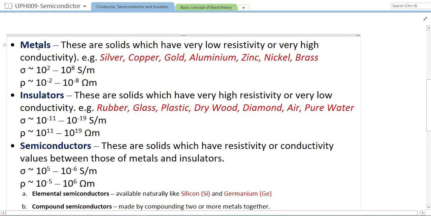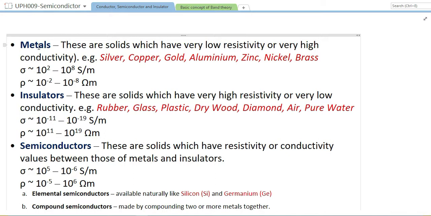Metal is highly conductive, very low resistance, or materials having high conductivity and low resistivity are called metals. Insulators are those which have very high resistivity and very low conductivity, so very hard to pass any electron or a current. The flow of current will be impossible through those materials.